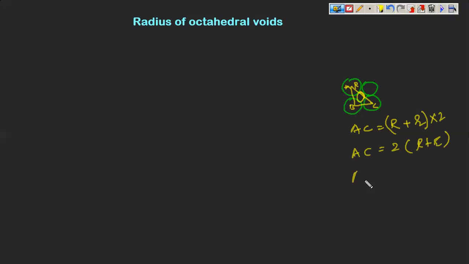AB is equal to BC, and they are equal to 2R. Now apply the Pythagoras theorem here. AC square is equal to AB square plus BC square.